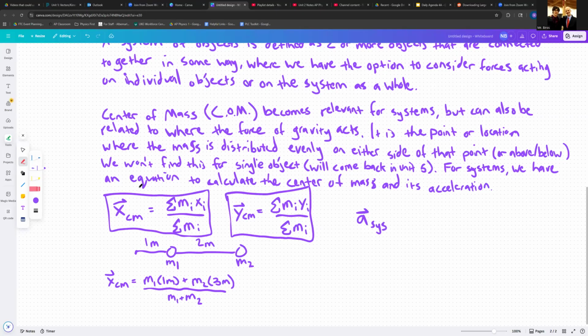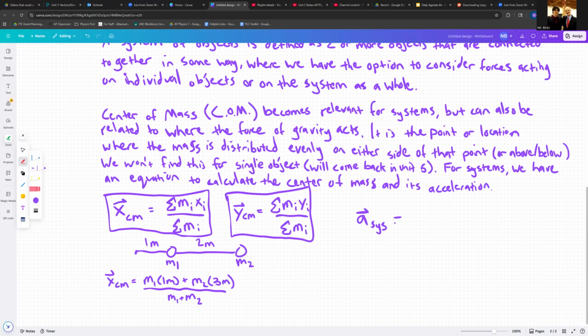Usually, we'd say there's two or more objects in a system, but it's not wrong to say that there's a system that consists of only one object. So whether it's multiple objects at once experiencing forces, or just one object by itself, we can use this equation, which is really just Newton's second law.